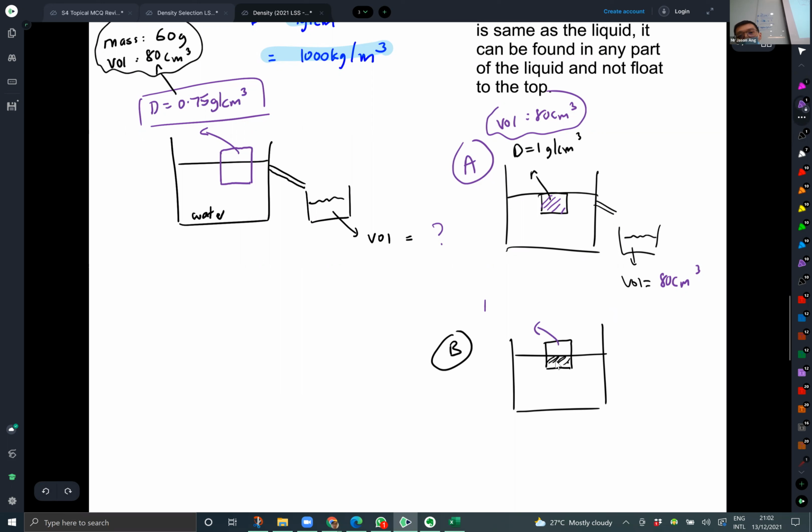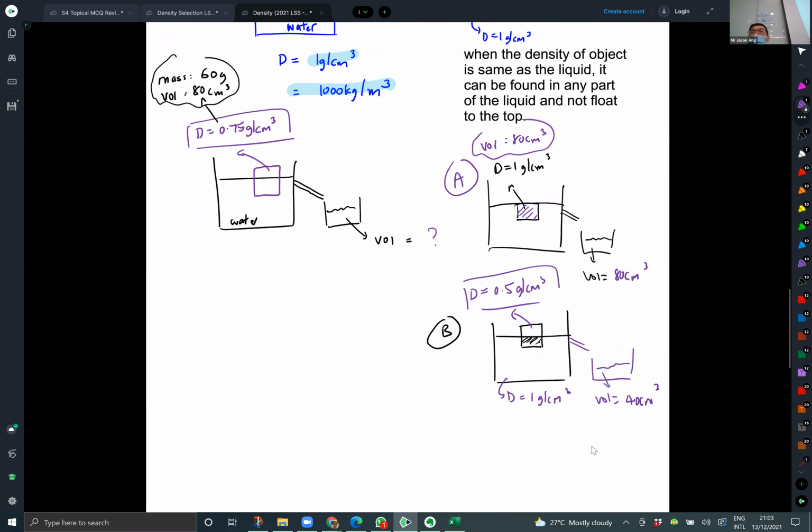The density obviously will be less than 1. But you may have an impression that this must be exactly half the density of water. Again, the density of water is 1, like I said. So when the density is half, then it may be logical to you that half of it will float and half of it will not. So if this was the case, then how much volume will we collect? Since only half is submerged, you can say I'm only collecting 40 cm cube.